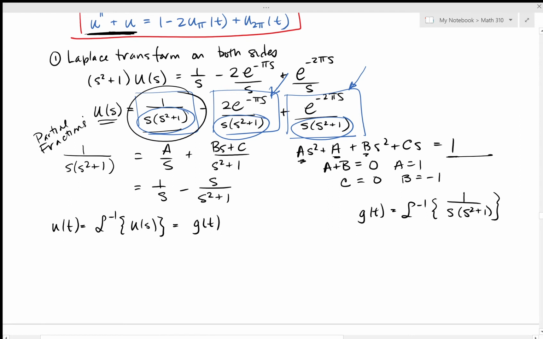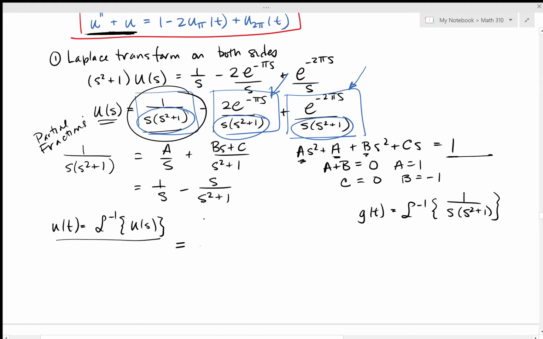I'm doing that because I can see that I can represent the other 2 in terms of g of t. Then I'll have this whole thing written out, and then I just have to figure out what g of t is. That's not going to be too hard because I already have done the partial fractions. So I'm writing here u of t, which is the inverse Laplace transform of U of s.